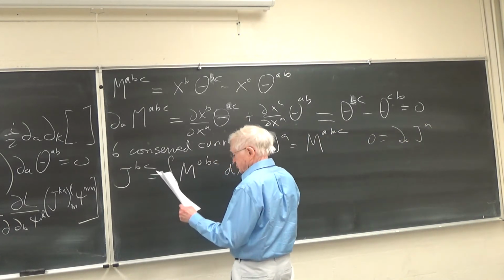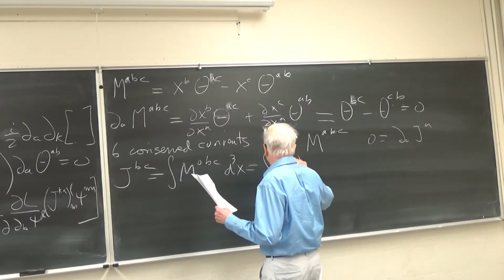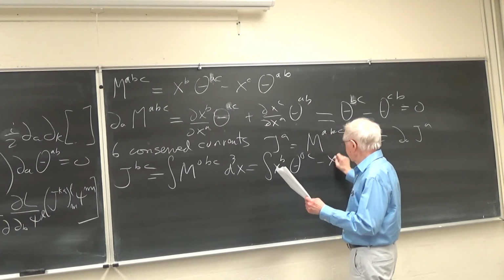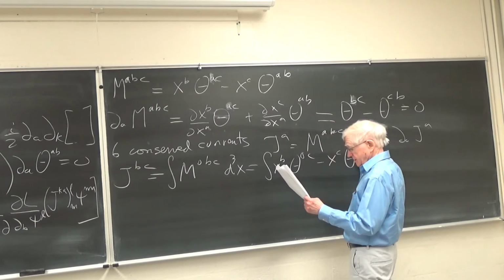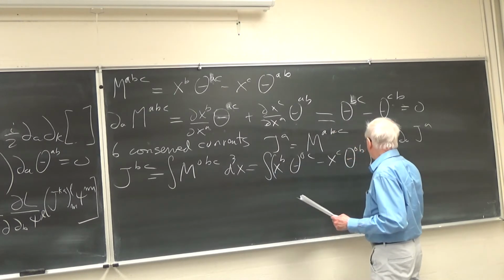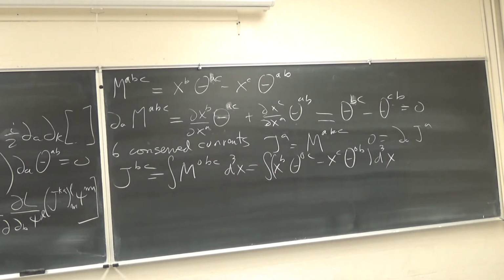That's the charge. And so that's an integral of x_B theta_0C minus x_C theta_0B d cubed x. So these are the generators of angular momentum, and these are conserved.